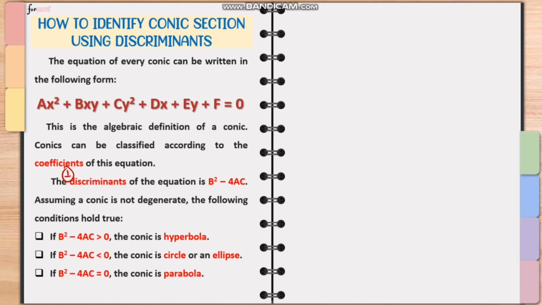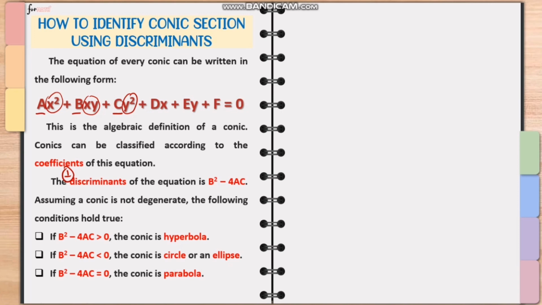In discriminants, kailangan natin yung tatlong coefficient na A, B, and C. Remember, A is the numerical coefficient for the x squared, B is the numerical coefficient for the xy, and C is the numerical coefficient for the y squared.